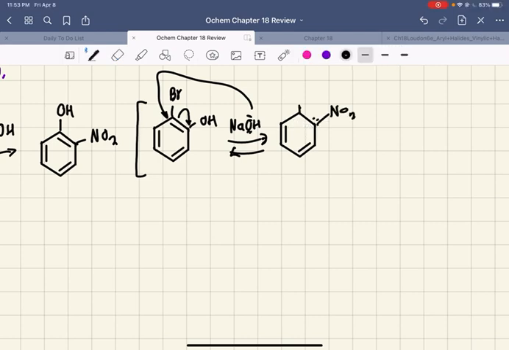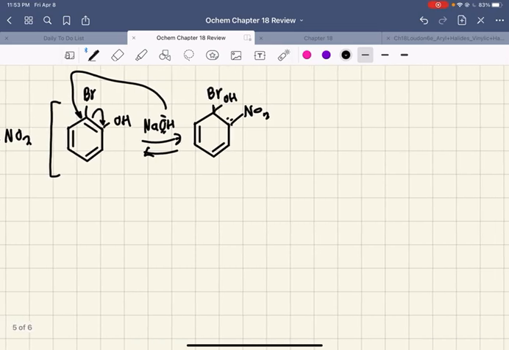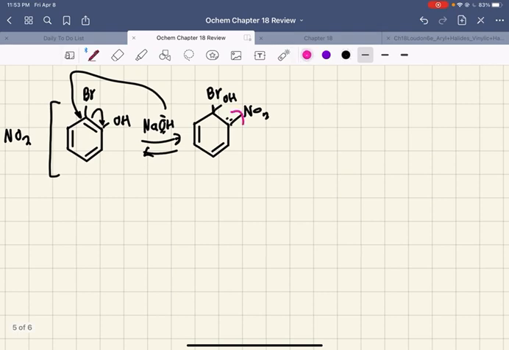Here's the nitro group. Here's the bromine attached, with the OH also. These lone pairs will move here, causing this to move there. Here is the most stable intermediate of this reaction.